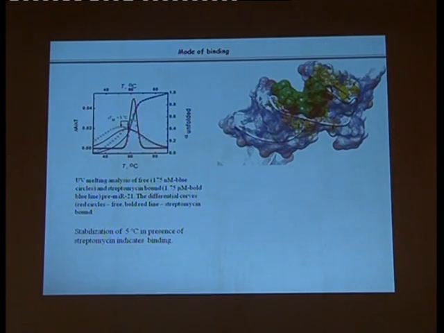We did some melting studies. If you melt any kind of duplex DNA or RNA, it will melt at a particular temperature. If a molecule is binding, the melting temperature goes up. So we showed that the melting temperature of pre-microRNA in the presence of the molecule goes up by around 5 degrees centigrade, which is not great, but there is a reason why, and we will convince you in a few later slides that it is real binding.